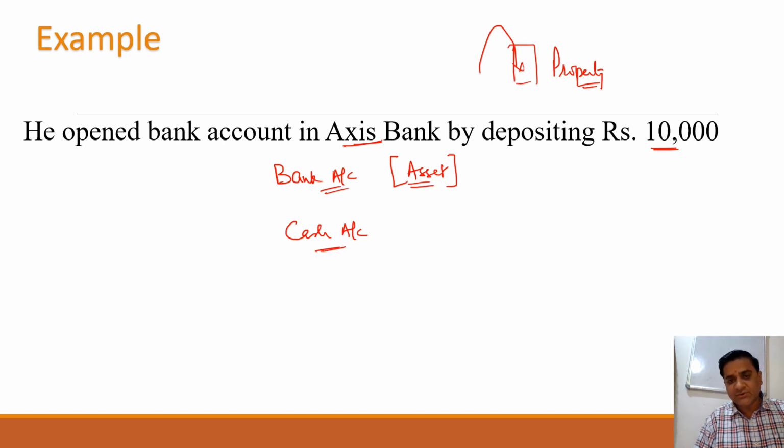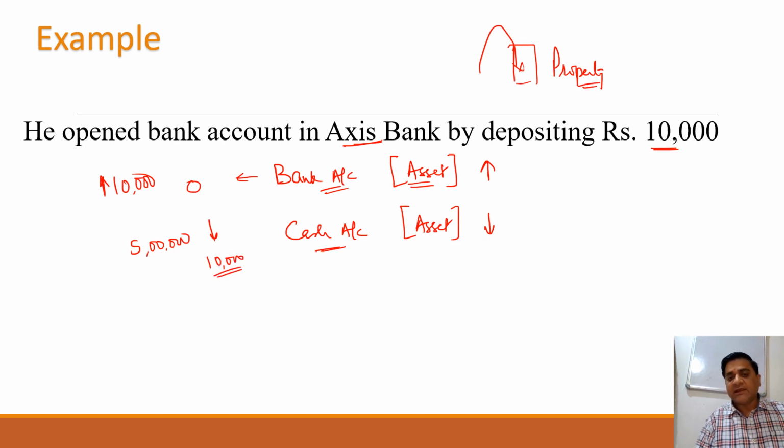Similarly, the cash account is also an asset for the business. One asset is increasing, the other is decreasing, which means prior to this transaction the bank balance was 0. Now it is going up by 10,000 rupees. Similarly, the cash balance was 5 lakh rupees. This has gone down by 10,000 because we have taken 10,000 out of this and deposited that into my Axis Bank account.